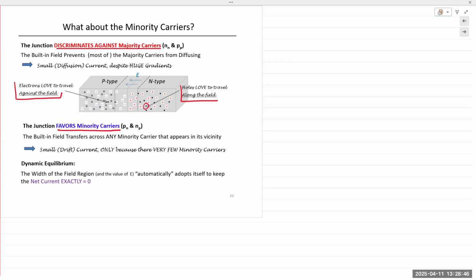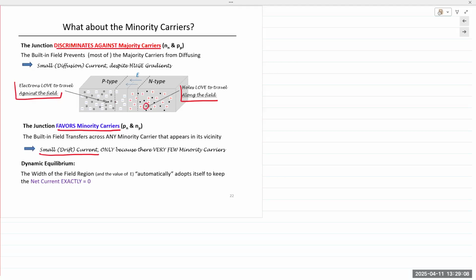When they cross the junction, a very minuscule current flows, because obviously minority carriers are very small in number compared to the majority carriers. That current is known as the drift current, because it's drifting in response to an electric field.